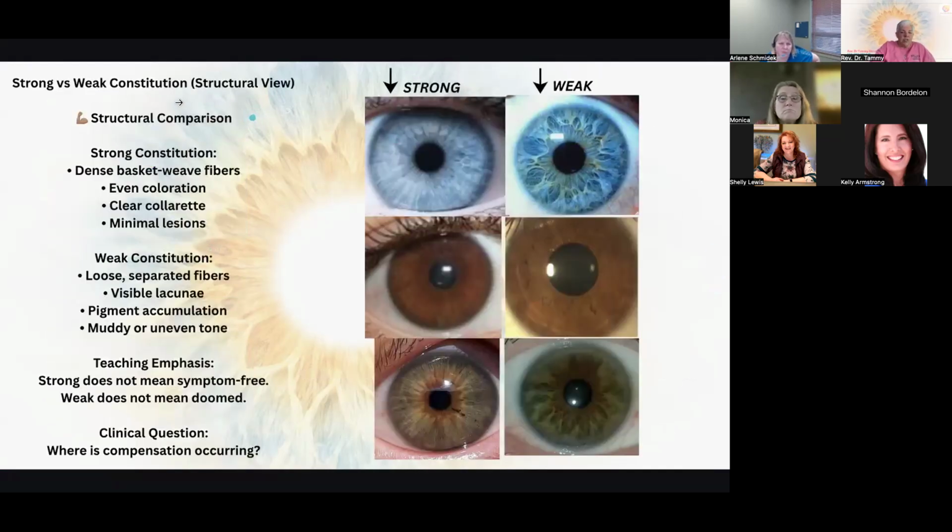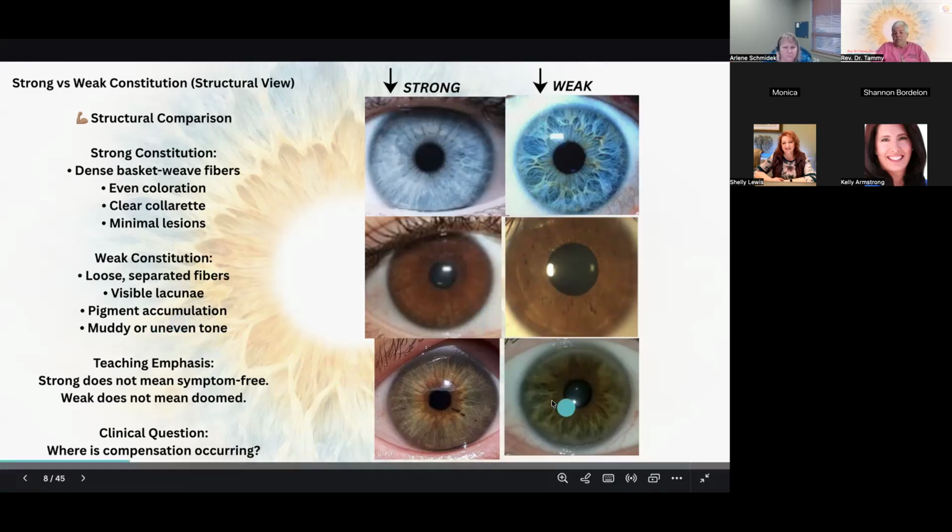All right, some more strong and weak constitutions. Strong versus weak, structural view. So a strong constitution is dense basket weave fibers, even coloration, clear colorette, minimal lesions. Where a weak constitution, you see a lot of loose fibers on all of this. Even here, you can see the loose, very loose fibers.